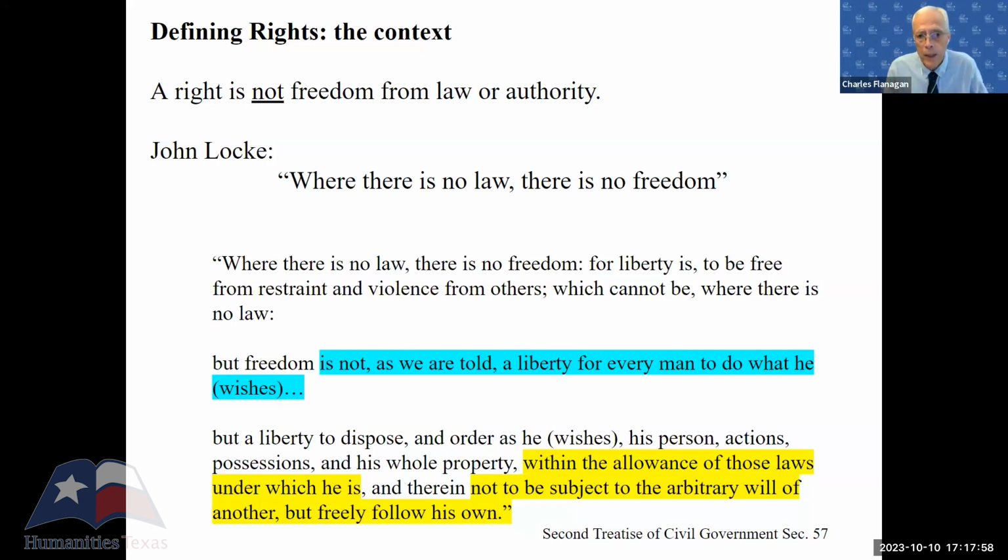And the ability to exercise liberty, to live your life, let's say, and not be under the arbitrary control of another, that's what freedom is.